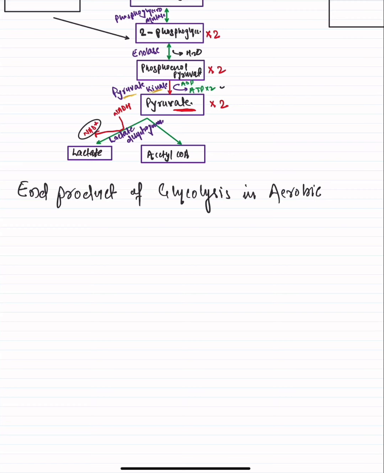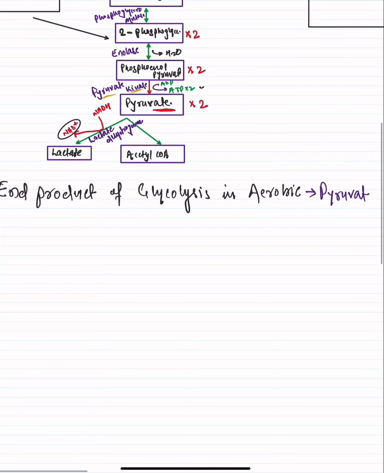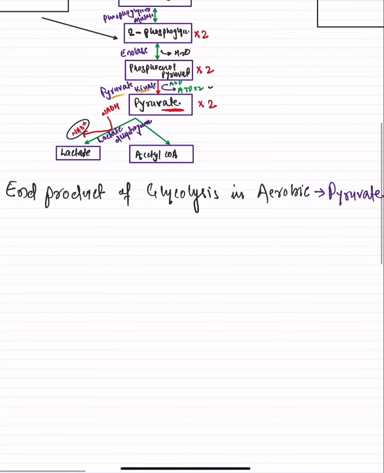End product of glycolysis in aerobic condition is pyruvate, right? And what is the end product of glycolysis in anaerobic? Of course, lactate, right?